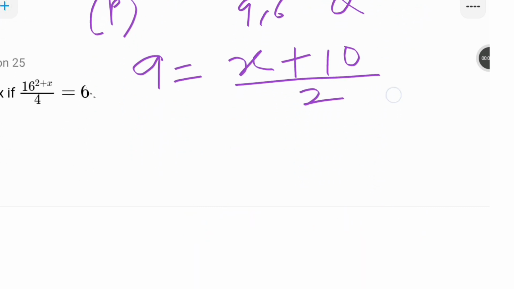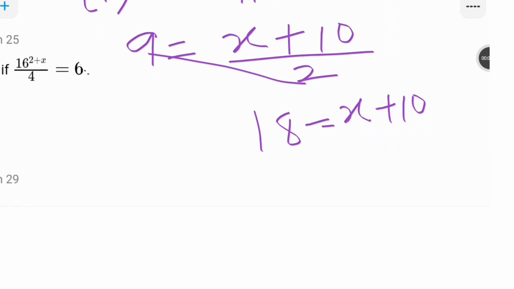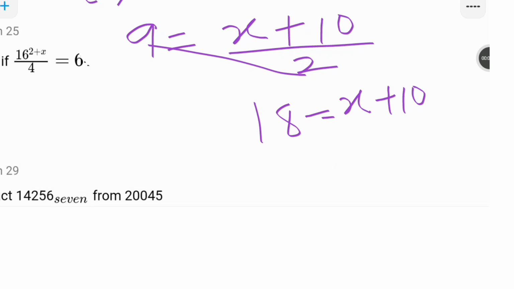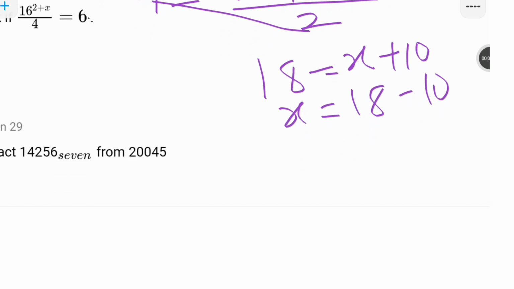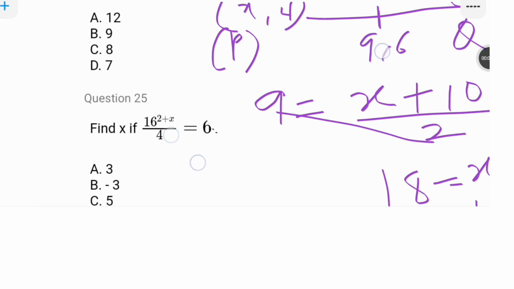And solve for x. Cross multiply. That will be 18 equals to x plus 10. So just collect the like terms. x will be equals to 18 minus 10. So that means x is 8. The coordinate of that point x is 8. So x is 8. Go there, check your answer.